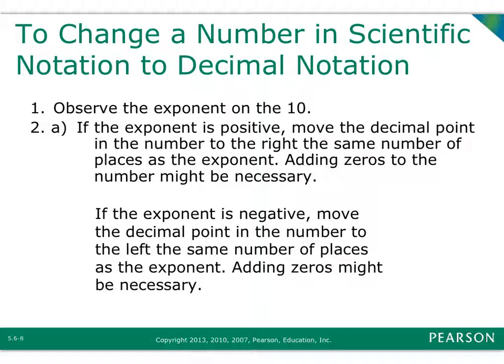And sometimes we have to add zeros to the number after the actual number itself so we can get the right form. If the exponent is negative, we move the decimal point in the number to the left, the same number of places as the exponent. Adding zeros may be necessary.